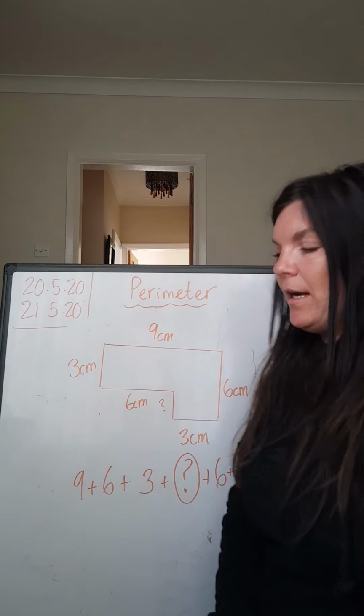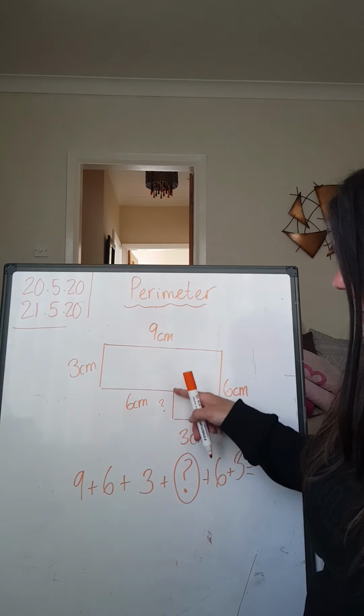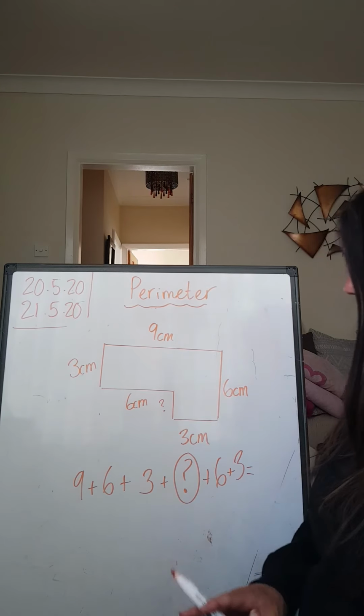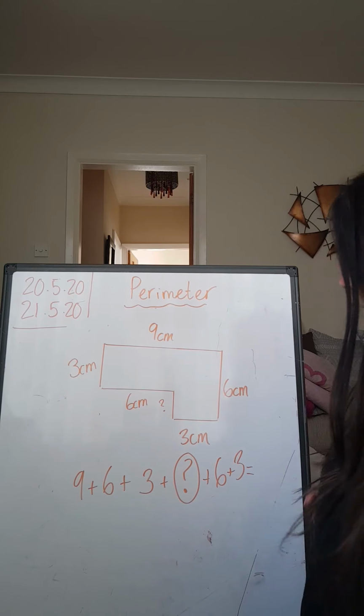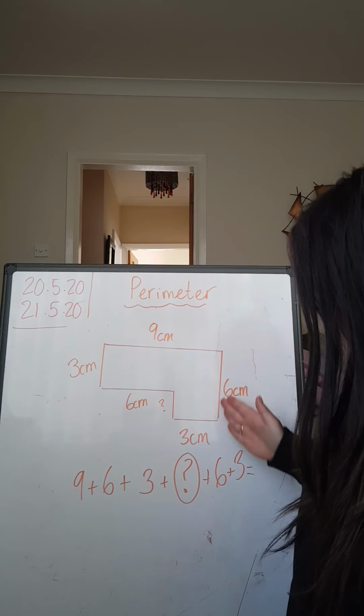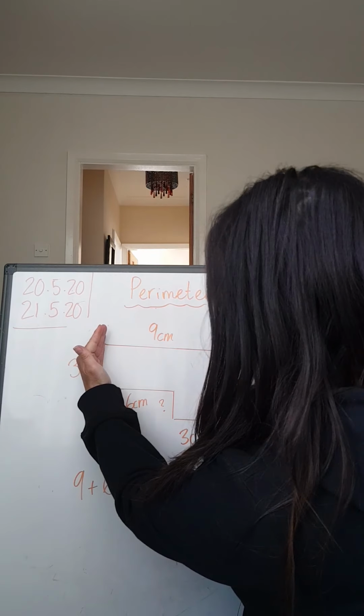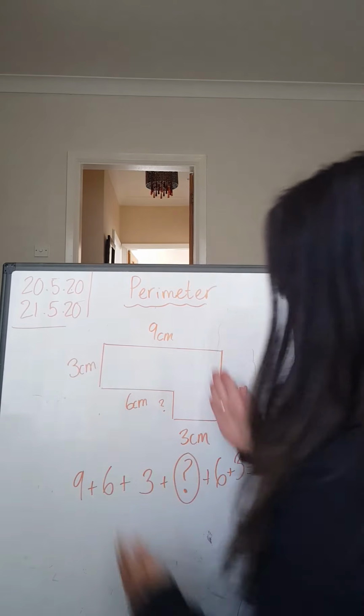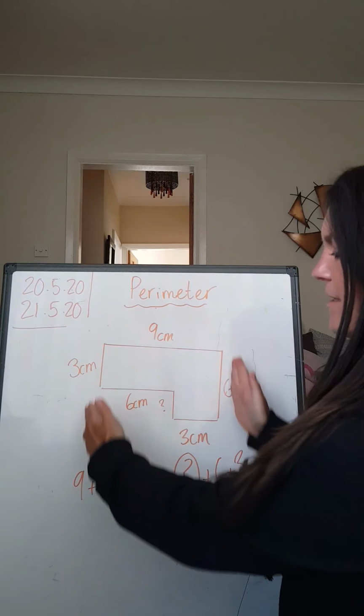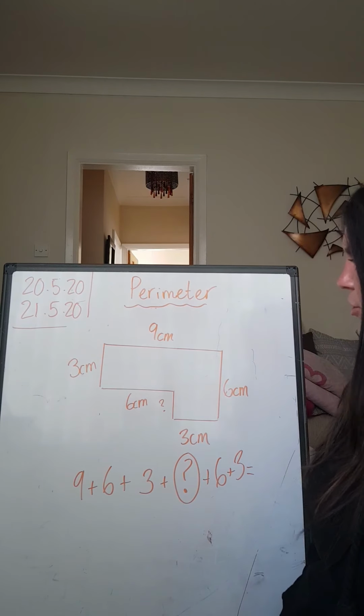So that would be the perimeter. How am I going to work out this mystery little part here? Well, you're going to have to see the shape as this side and these sides. They're all the same, traveling the same way. They're all parallel to each other.